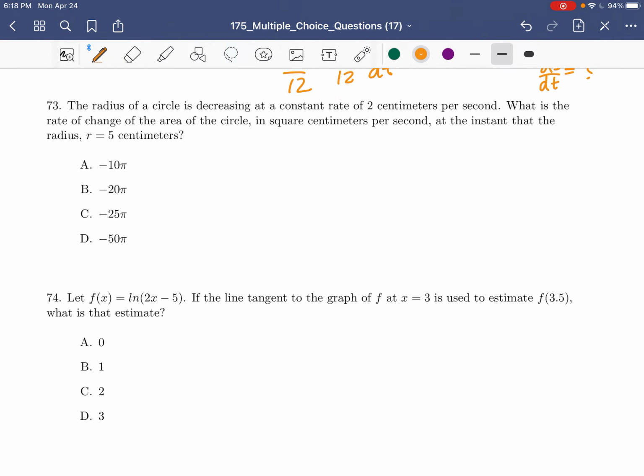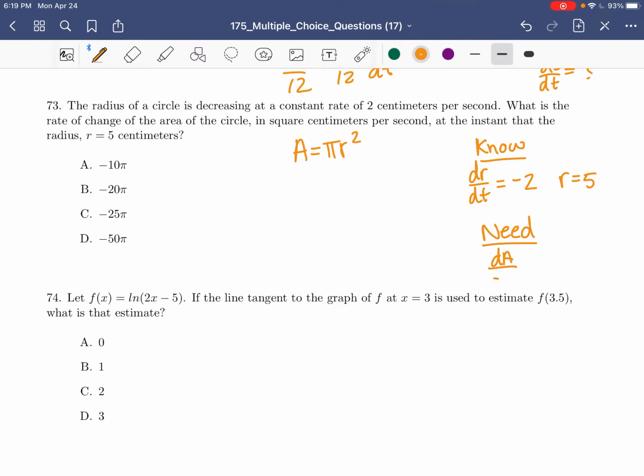73 is very similar. So we have the radius of a circle is decreasing. What is the rate of change of the area of a circle? So that's going to be the formula we're using, pi r squared. And once again, let's just go with know and need. So the things that I know, the radius, so dr/dt, decreasing, so it's going to be -2. And then it tells us the radius equals 5.